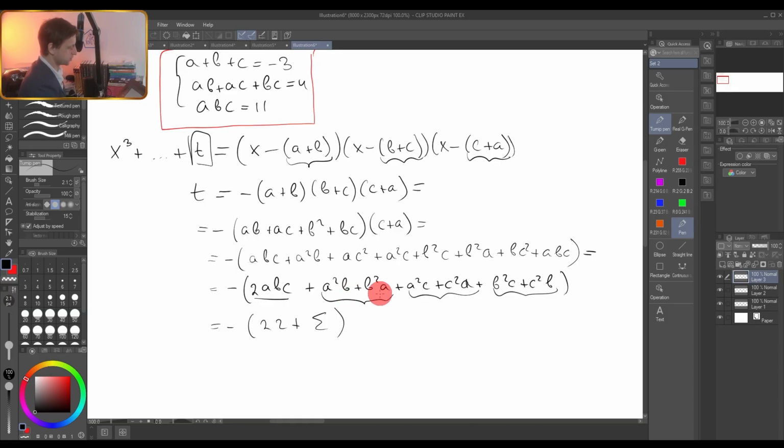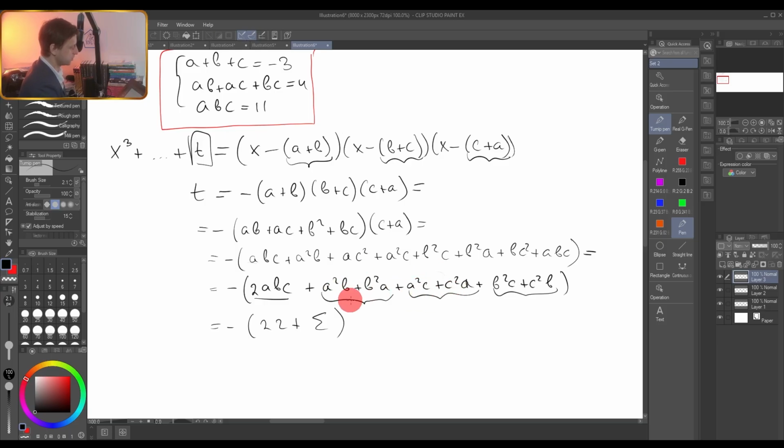For example, if we try to factorize here ab, we will have a plus b. Here we can factorize ac, we will have a plus c. And it doesn't look like there is a good option to factorize all of that by, for example, factoring something out of these two.